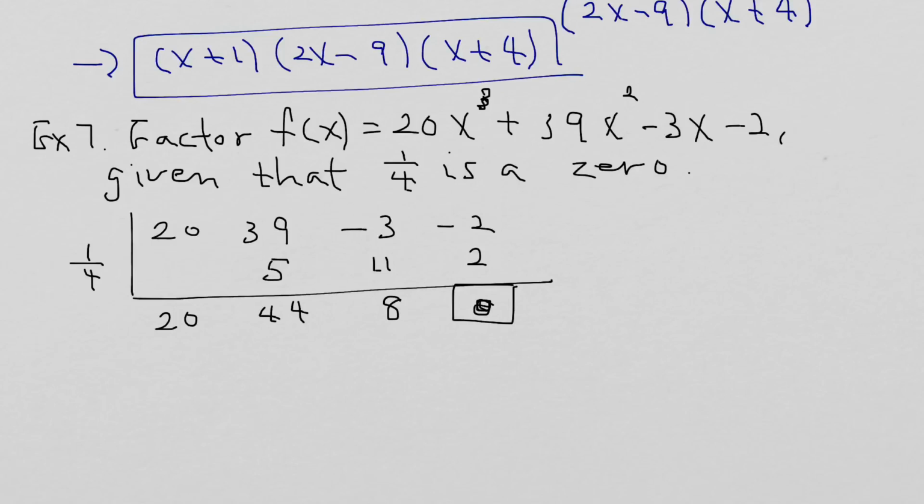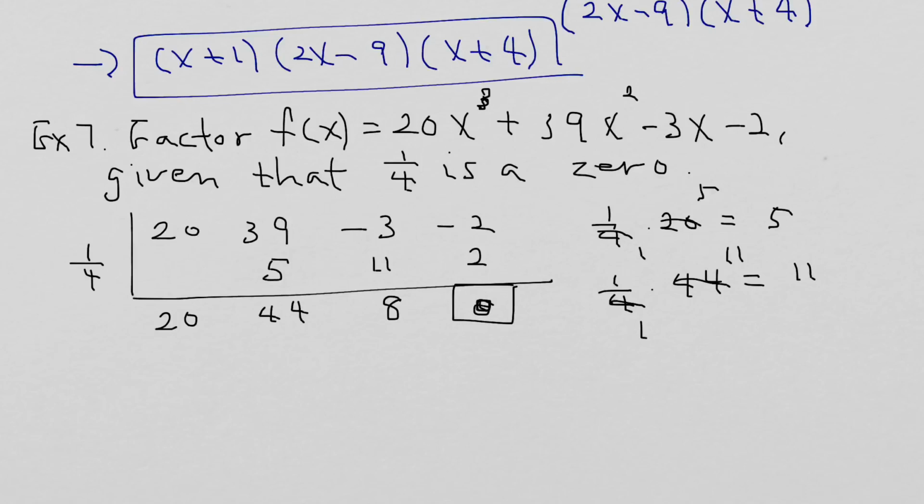If you weren't able to get all this multiplication as quickly as I did, you basically have to do all these multiplications, like 1/4 times 20, where 4 goes into 20 5 times, or you do 1/4 times 44, where 4 goes into 44 11 times, and so on.